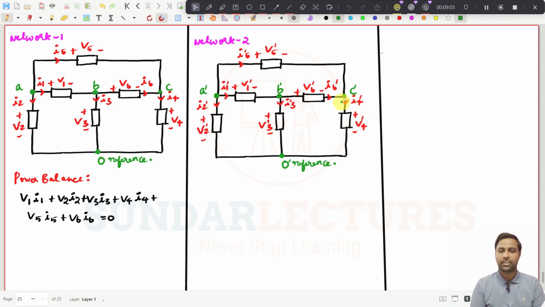Everything I have written with dash, which means the elements, the current flowing through the elements and the voltage across the elements will be different from network 1, and you can see that the topology is the same. There are 3 loops and 4 nodes available in this network. That is the thing you need to understand here.